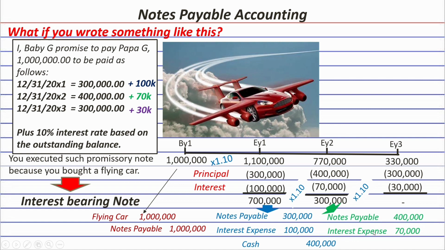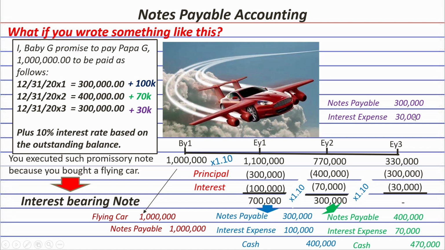Okay? So moving forward. Now, at the end of the second year, the entry is very similar to this. Debit interest expense, but now it's only 70,000. Okay? And another debit for notes payable, which is 400,000, which is again the decrease from here to here. And of course, credit cash 470,000. And lastly, debit interest expense for the third year.